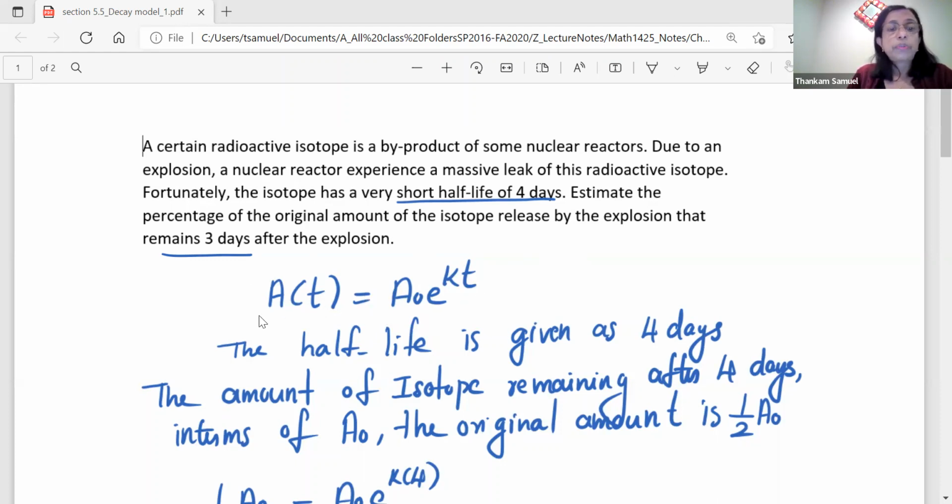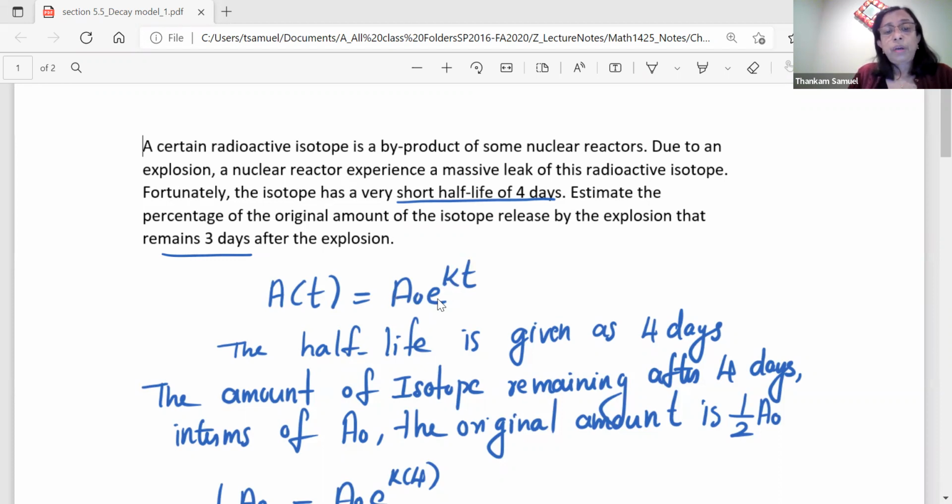You can also use the letter A, A of t equals A sub 0 e to kt. A sub 0 is the initial amount, A of t is the amount or the quantity after a period of time, and in this case, k is the decay rate and t is the time.